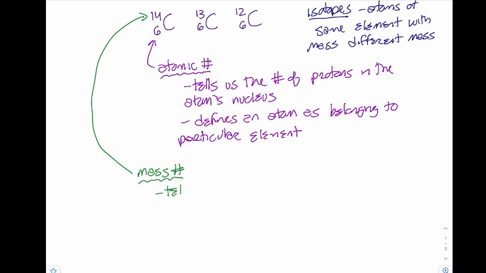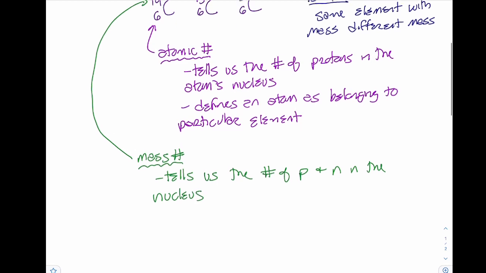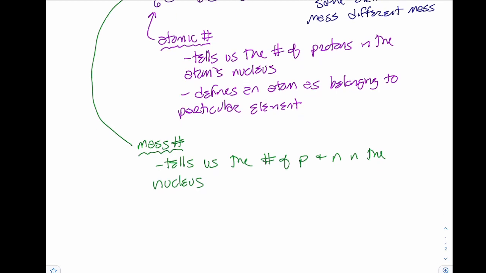So this tells us the number of protons, P for protons, and neutrons, N for neutrons, in the nucleus. Essentially, the total number of particles in the nucleus. So if we were to subtract our atomic number from our mass number, we get the number of neutrons.